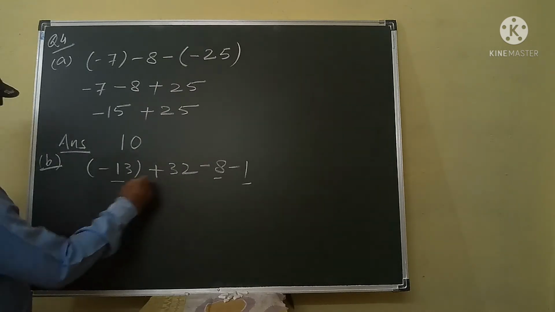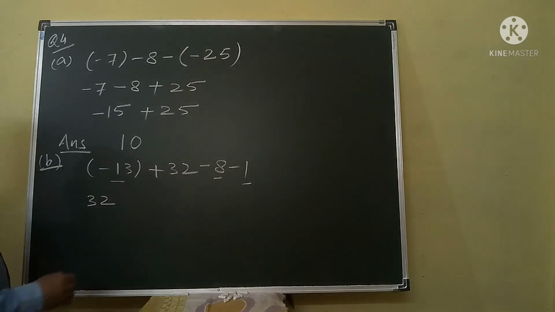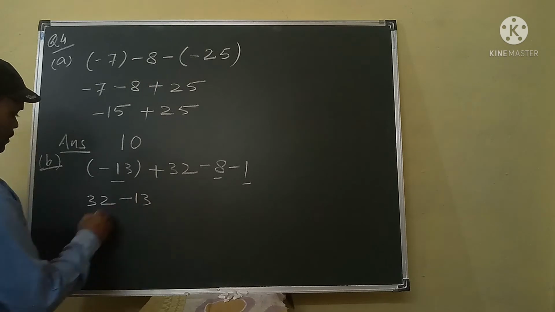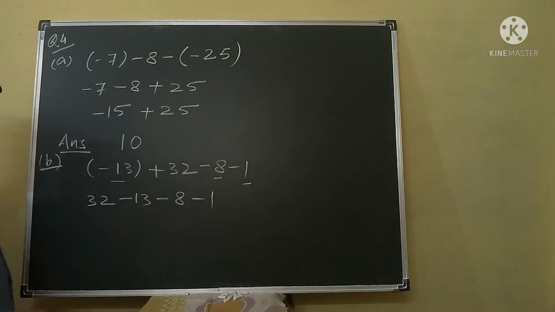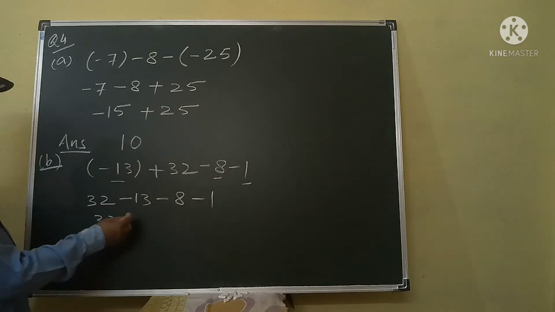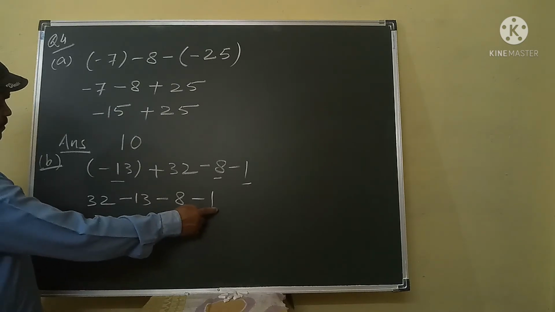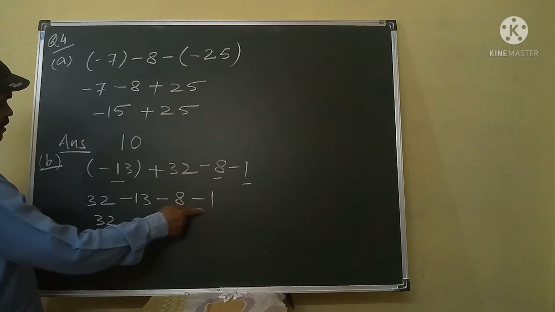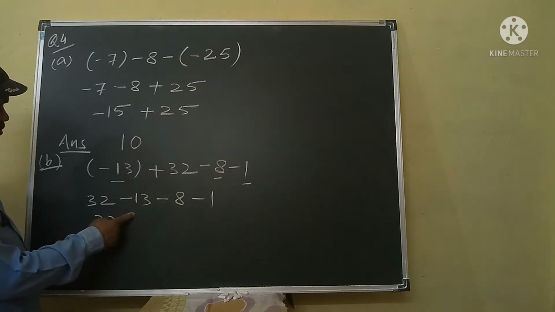First we write the positive integer, then minus 13 minus 8 minus 1. 32 is positive. These three integers are negative.